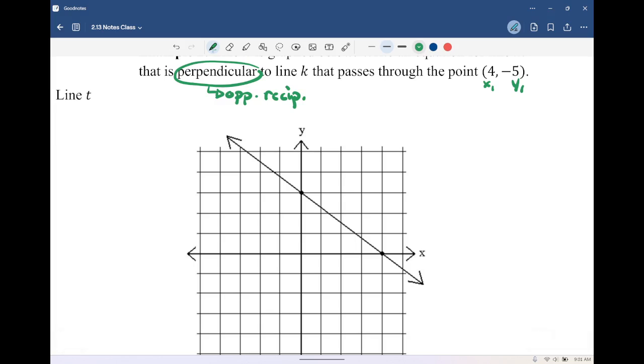And so, okay, we're going to go down, and we go to the right. Now, because I go down here, my change in y should be negative. Specifically, we're going to have -3. And then I go to the right, so my change in x should be positive, specifically positive 4. Our starting slope is going to end up being -3/4.